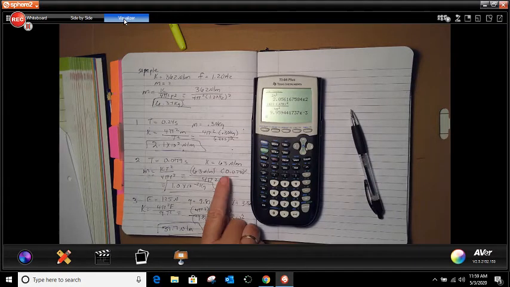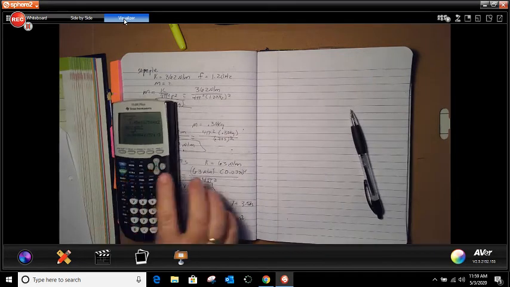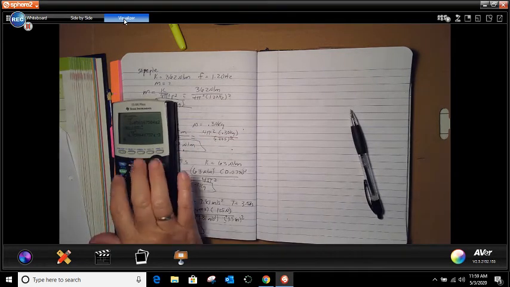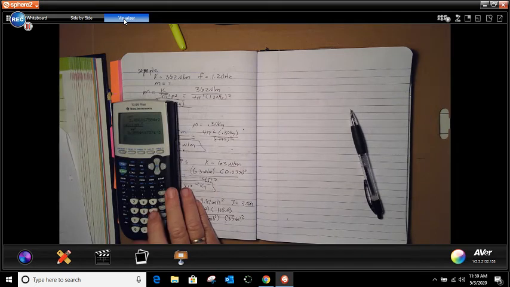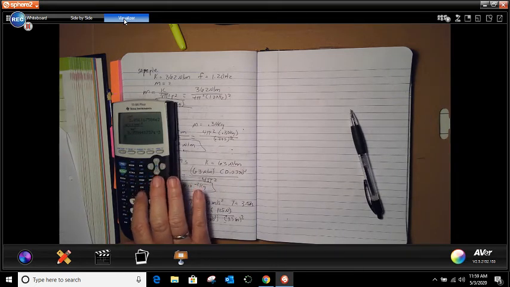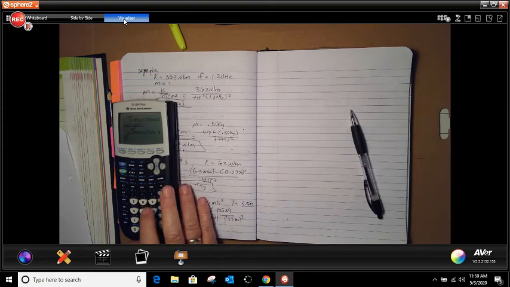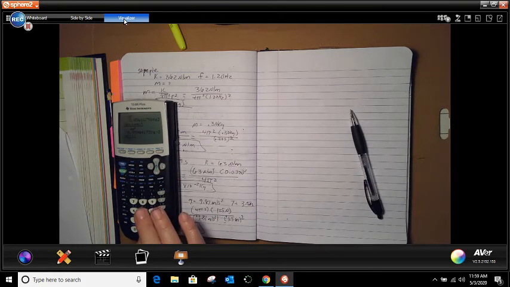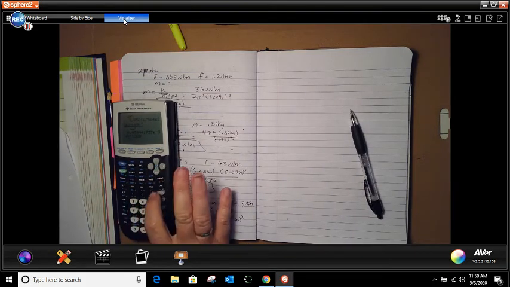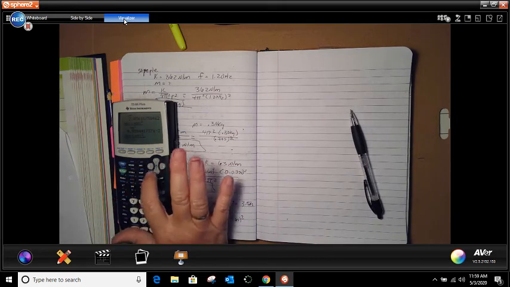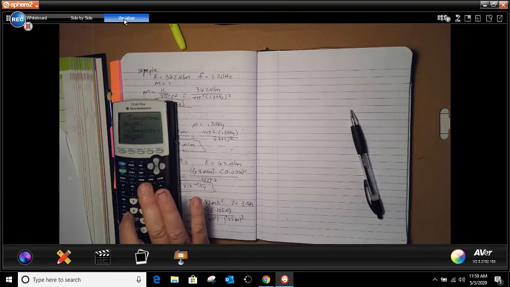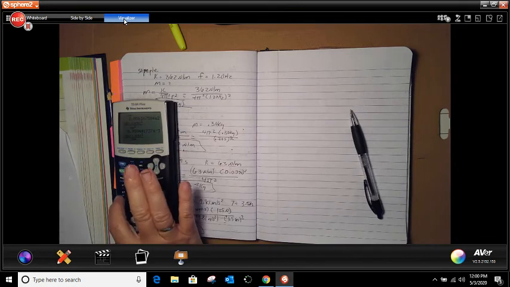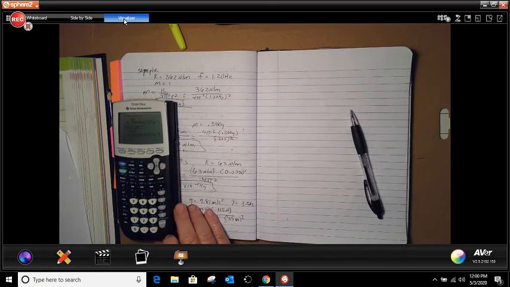So let me go back here. 63 times 0.079 squared over 4 pi squared. Let me try that one more time for this one. So alpha y inner, open bracket, 63 times 0.079 squared, and 4 pi squared.